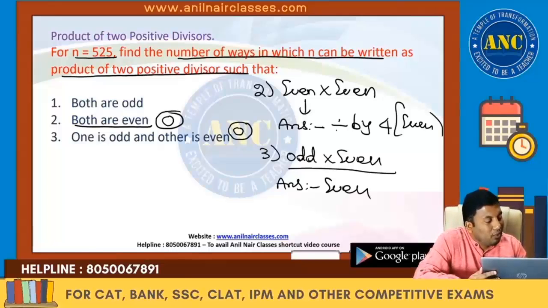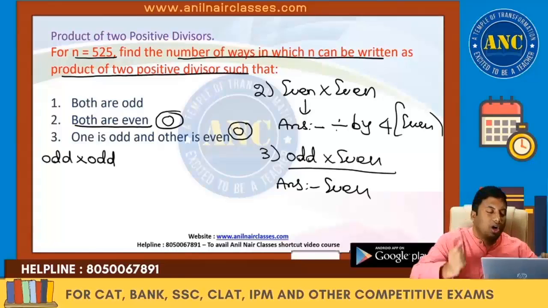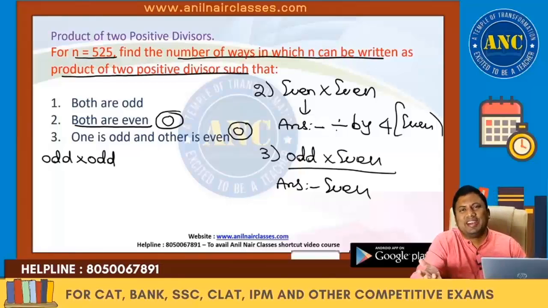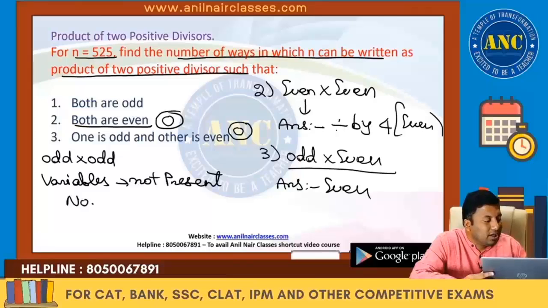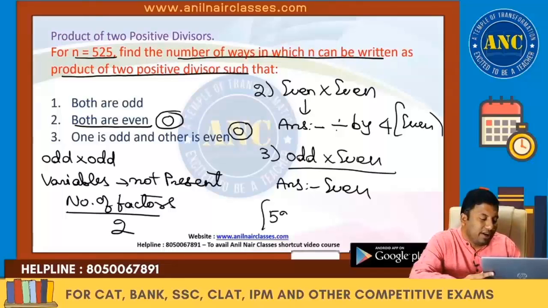First case, both are odd. Odd into odd. If the right hand side is an odd number, it is nothing but odd into odd. So variables are not present in the question. If variables are not present in the question, answer is nothing but number of factors divided by 2. 525 is 5 into 105. 5 into 21 into 5.